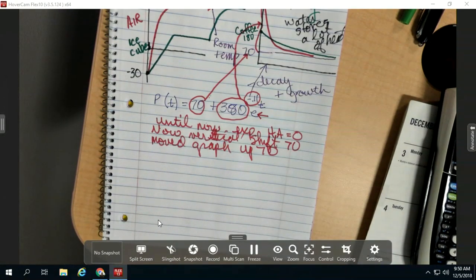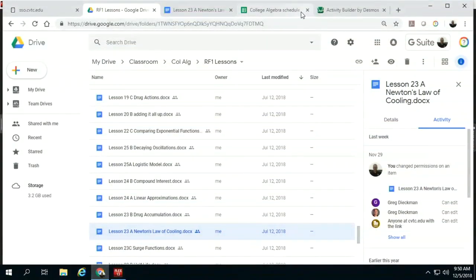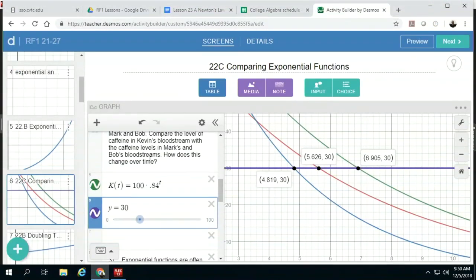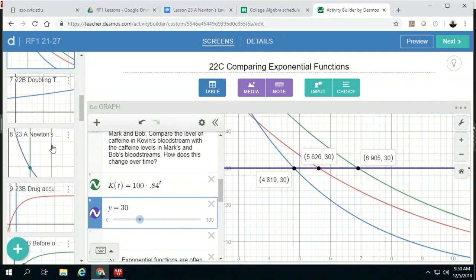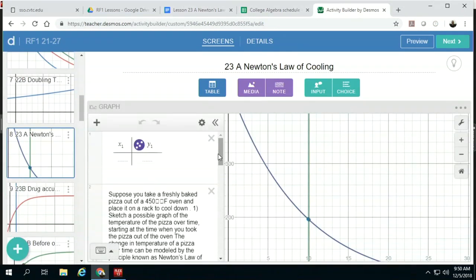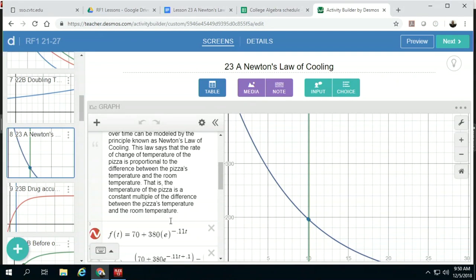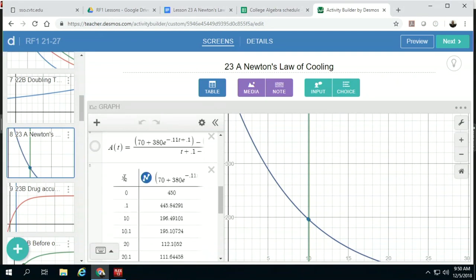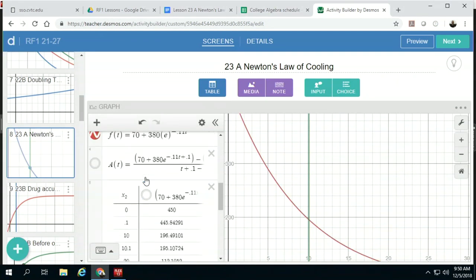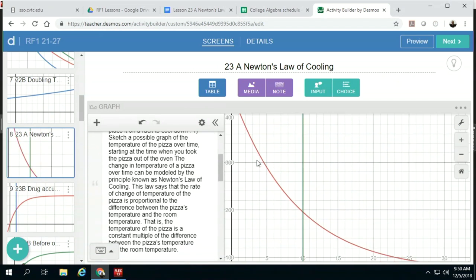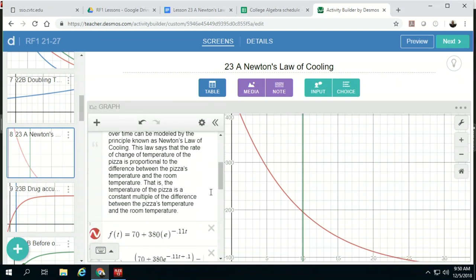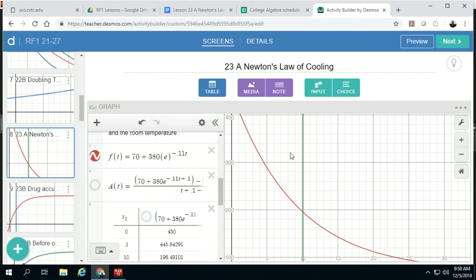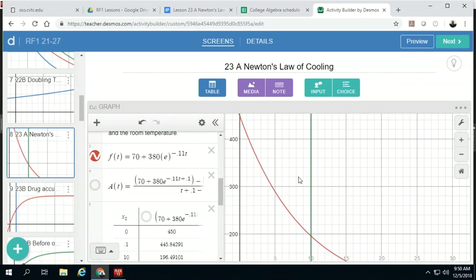Page 310. Let's graph it and sketch the graph. So, Newton's law of cooling. Got some pizza in the oven. Put in the graph here. Cools off from 450.